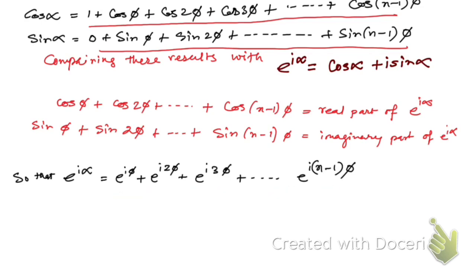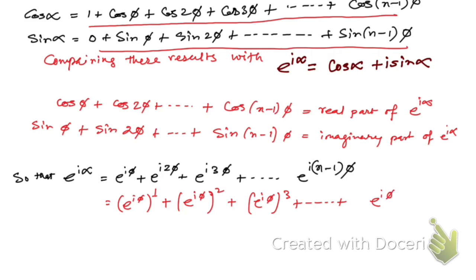Now this series is a GP, if you see it. e to the power i phi, you can consider this one as 1, e to the power i phi, e to the power i phi to the power 2, e to the power i phi to the power 3 plus dot dot dot and so on, then e to the power i phi to the power n minus 1. Okay, and here the first term of this GP is e to the power i phi, and the common ratio is also e to the power i phi, right?